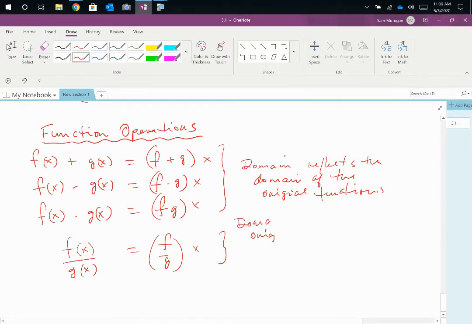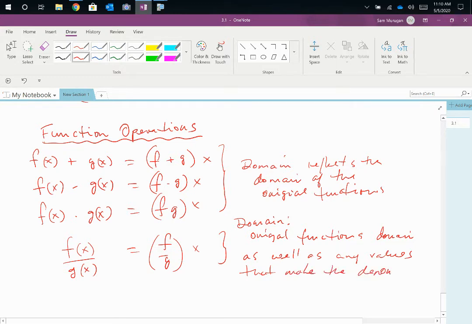So the domain would be the original functions' domain as well as, for division, excluding any values that make the denominator equal 0.